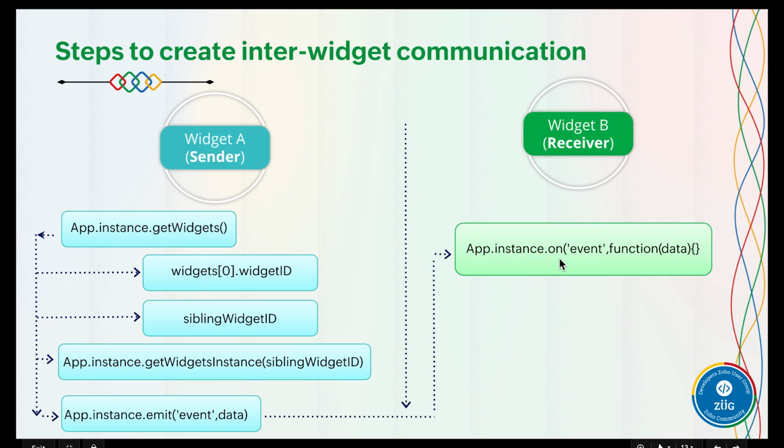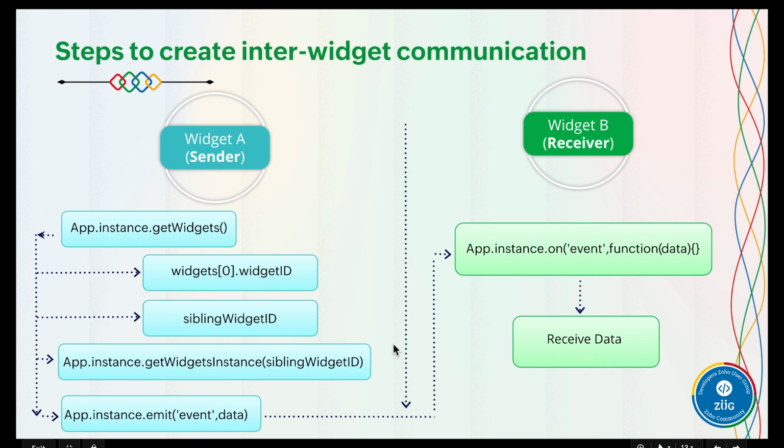Whenever the event occurs, it will receive the data and further process it for the implementation. So on the whole, this is how inter-widget communication works between widgets in Zoho Desk.